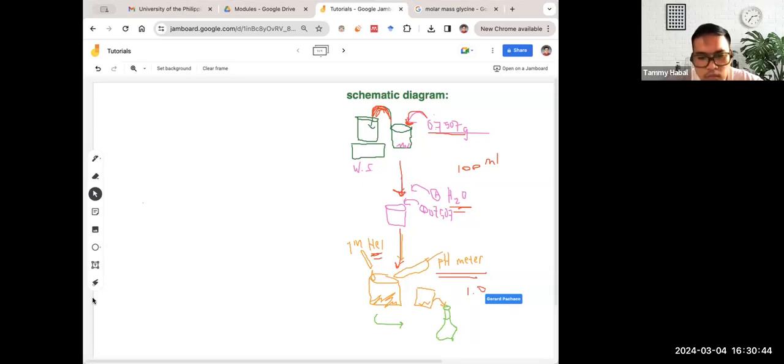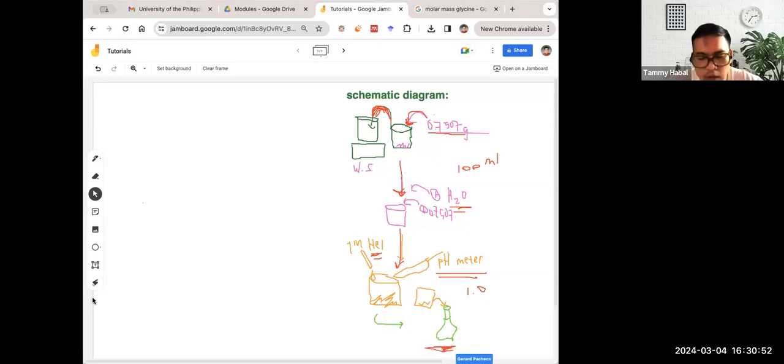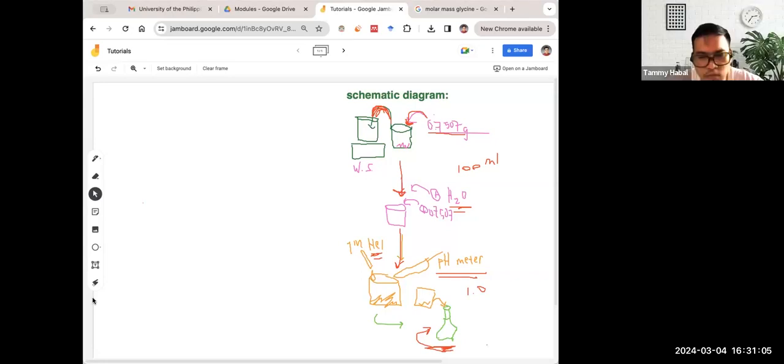And then we check with our pH meter if it has a pH of 1.0. Then we fill it into the flask. What's the volume of the flask? 250 or 100?